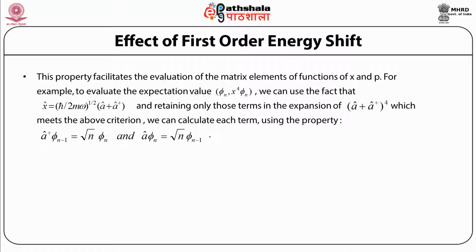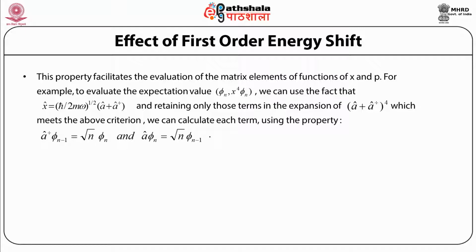For example, to evaluate the expectation value ⟨φ_n|x⁴|φ_n⟩, we can use the fact that x operator equals (ħ/2mω)^(1/2) times (a plus a dagger), and retaining only those terms in the expansion of (a plus a dagger)^4 which meet the above criterion.